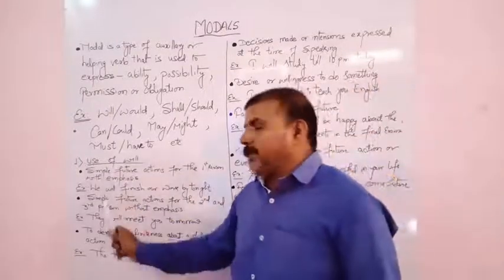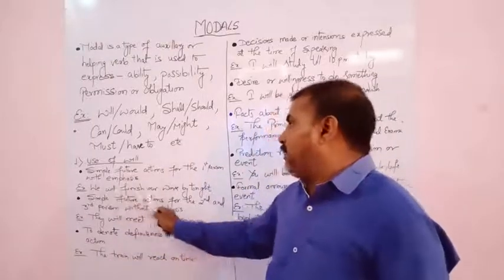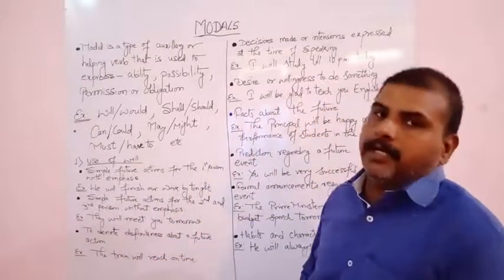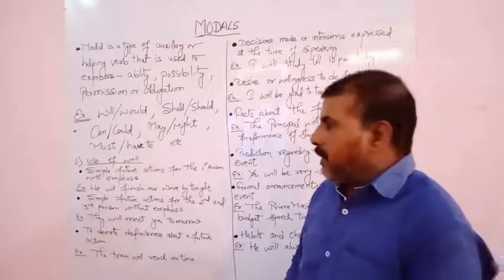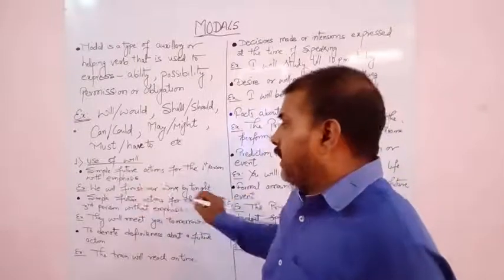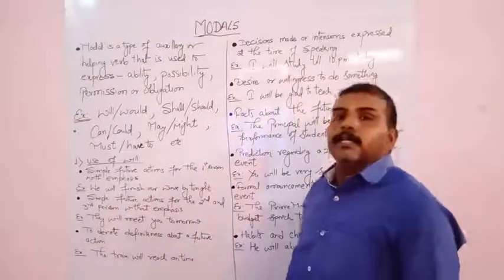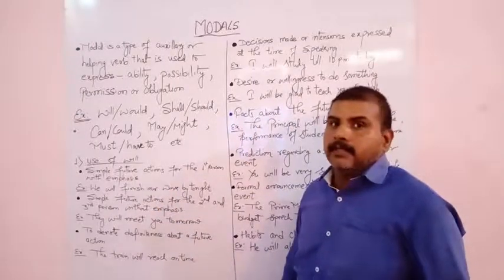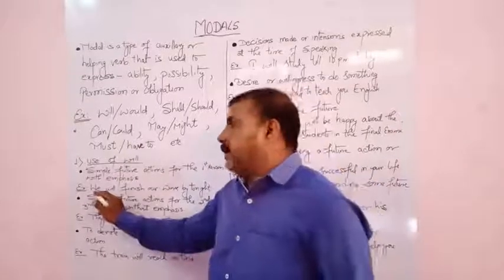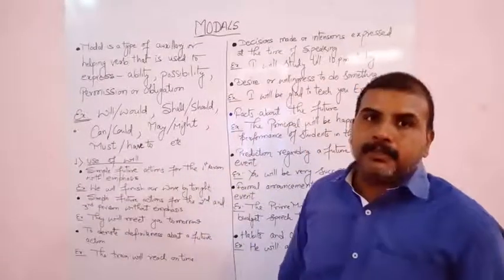So an example for this is, we will finish our work by tonight. Here the action in this example, finish our work by tonight, denotes future action, and the subject we here denotes first person plural.